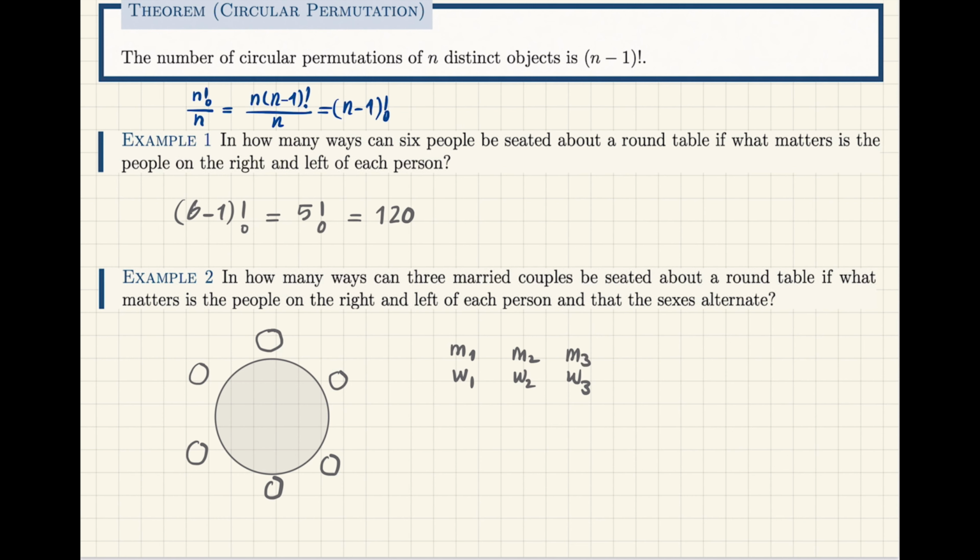Because that's a circular arrangement, I can say that I will take these positions and give them to men, and I will take these positions and give them to women. The important thing is in how many ways I can put men here.